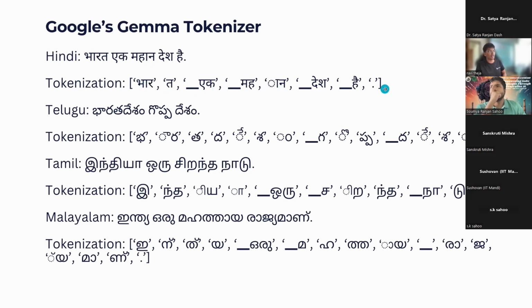So this is an efficient tokenizer compared to making each letter one single token. If you see Telugu, each letter is almost a token. In Tamil, it's a bit better, but still not so great. And Malayalam, better, but not so great. But in Telugu, at least, letter level tokenization has happened.